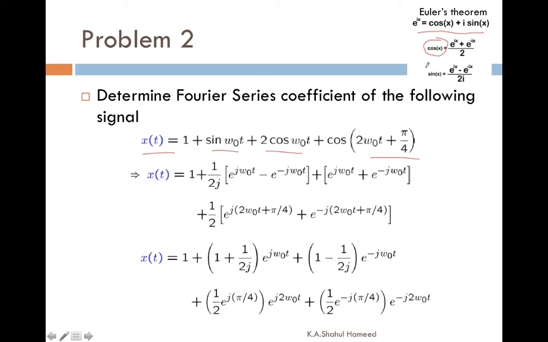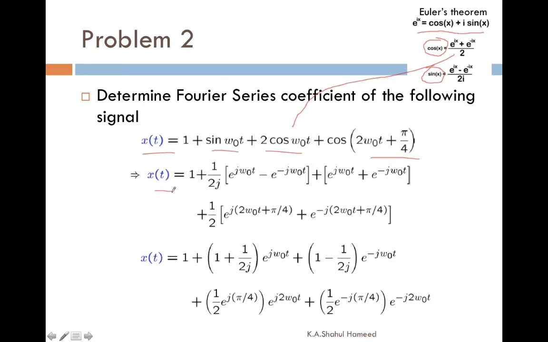If you want to generate sin x, you can easily generate it using (e^(jx) minus e^(-jx))/2j. So this is the way you can expand sine and cosine functions in terms of complex exponentials. When you substitute this exponential expression of cos and sine, you can write x(t) like this.